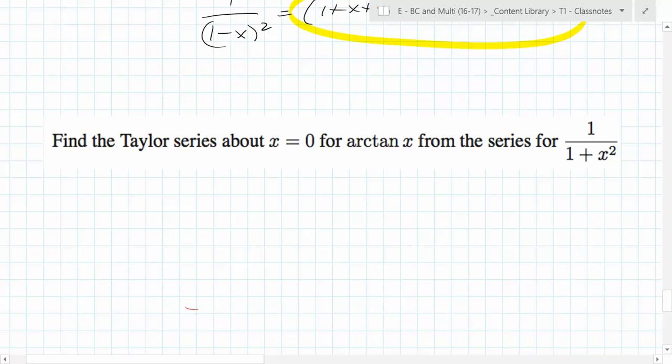To the 6th. Those two multiply together, that's 6.